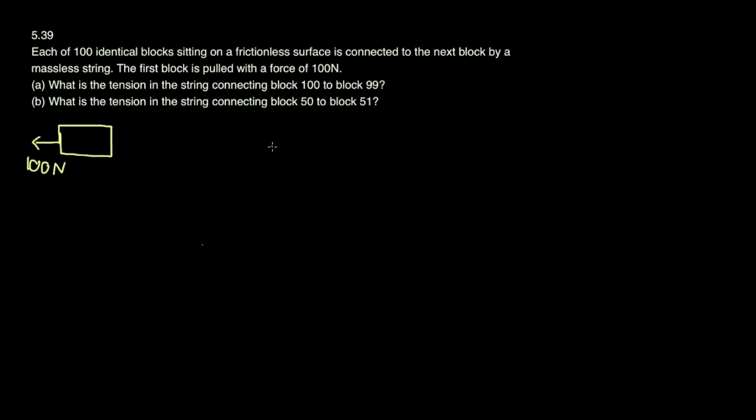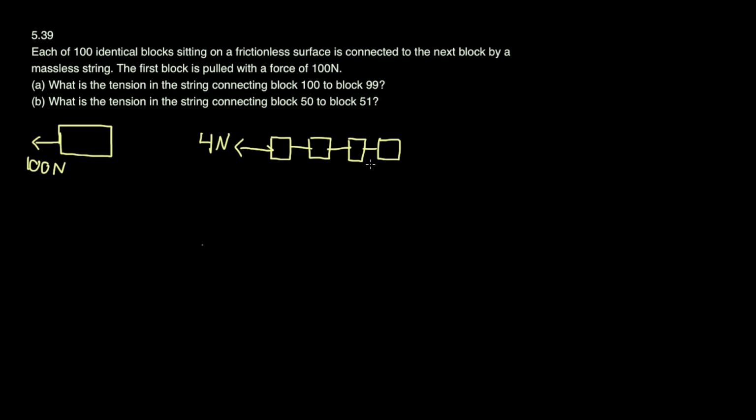So let's look at a more simple version of this problem. Let's just say we have 4 blocks: 1, 2, 3, 4. And let's say these 4 blocks are being pulled by 4 newtons. This is just a smaller version of the problem, so we can gain some insight.